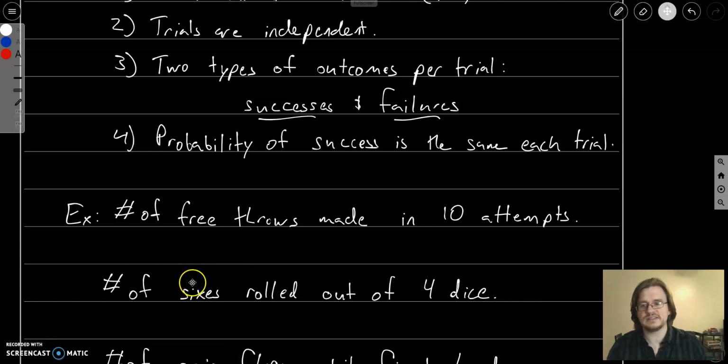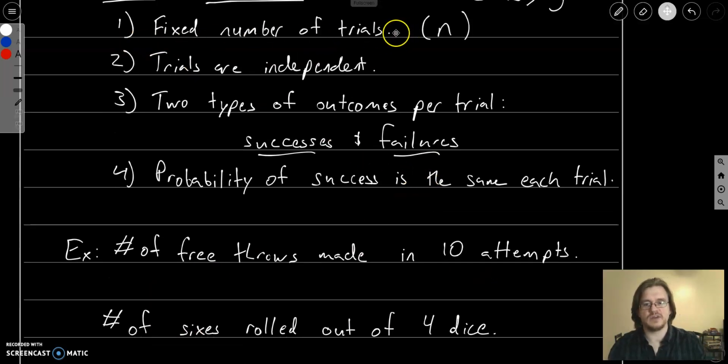Here's another one. This is the number of sixes rolled out of 4 dice. So we'll roll 4 dice and we'll count how many sixes were rolled. So again, there's a fixed number of trials, as in we're rolling exactly 4 dice. Each die is independent from each other. There are 2 types of outcomes in here.